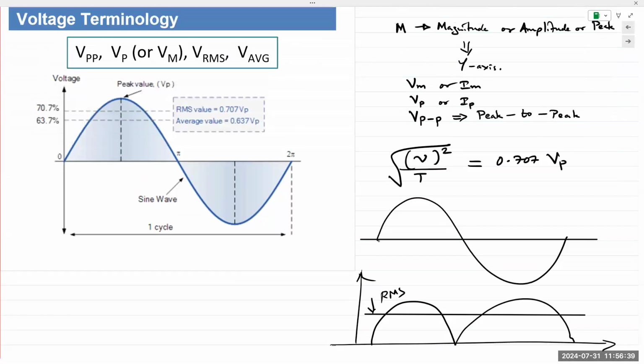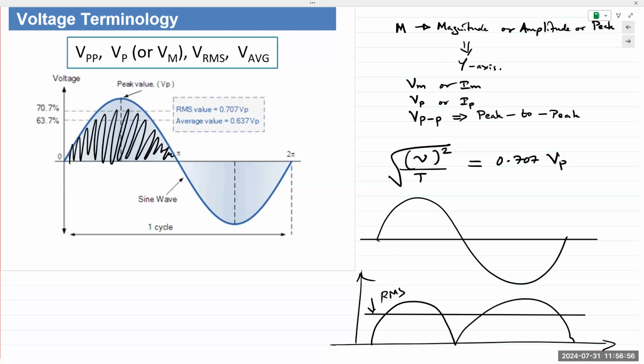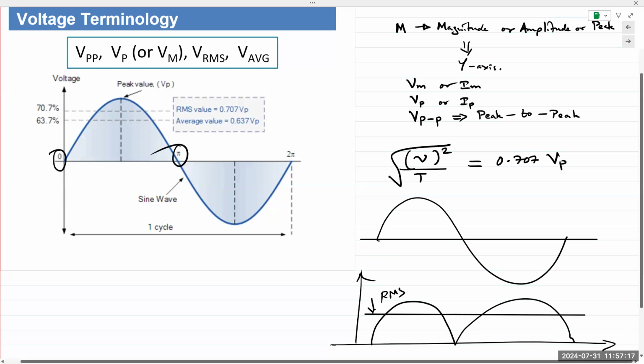But then there is also something known as the average value. And what is that average value? That average value is if you simply sum up the area under this curve for 1/2 cycle. Just 1/2 cycle. It's basically integrating. So mathematically, you're summing up the area under the curve, which means integrating from 0 to pi.